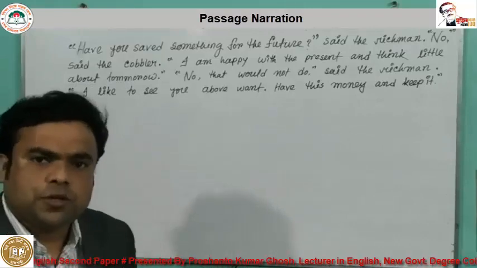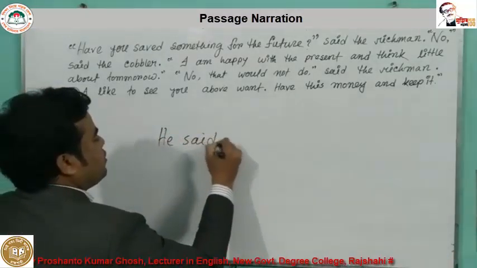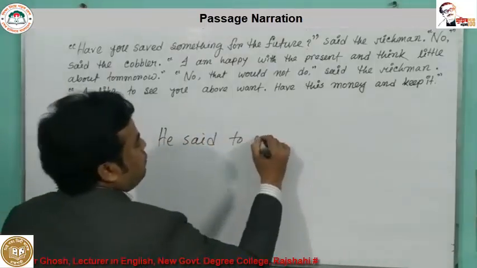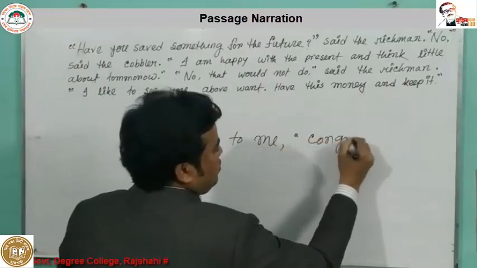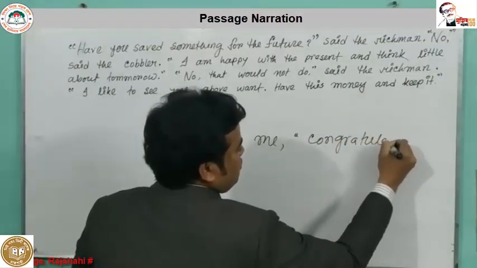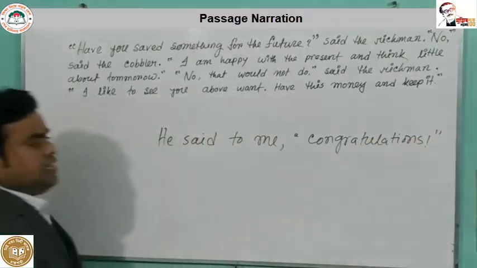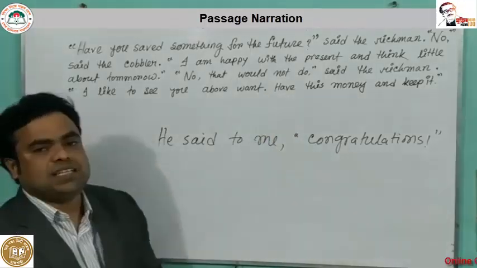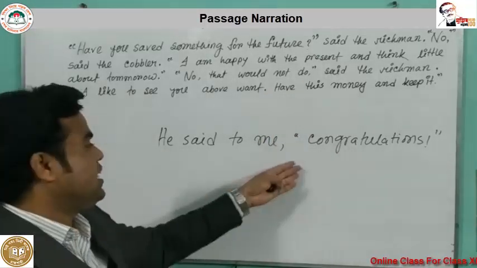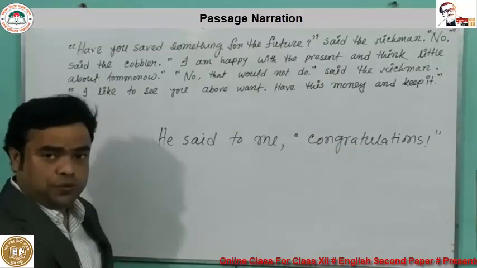The next rule is: he said to me, "Congratulations." If you see a sentence like this in direct speech, because in passages you will often see such sentences, what will you do?